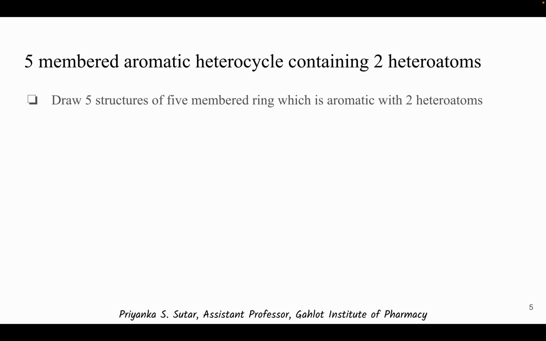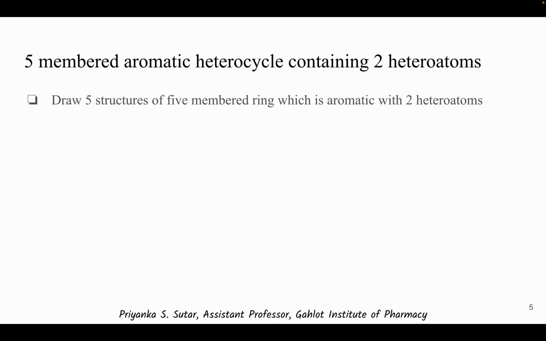For this conjugated system, the arrangement in a 5-membered ring will be single bond, double bond, single bond, double bond, and again single bond. So single bond and single bond will be adjacent to each other, and you have to draw the first heteroatom in between those single bonds.